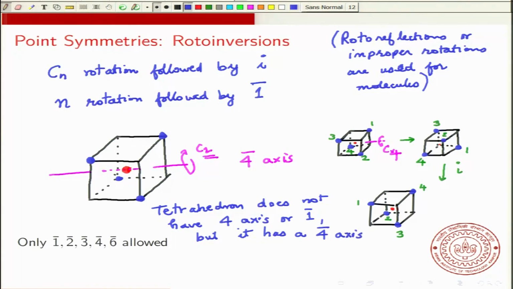So this is referred to as the inversion axis. So this C2 axis is a 4 bar inversion axis.